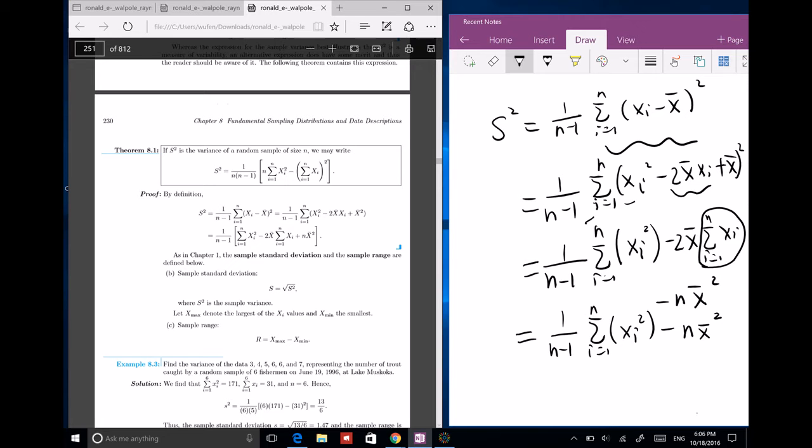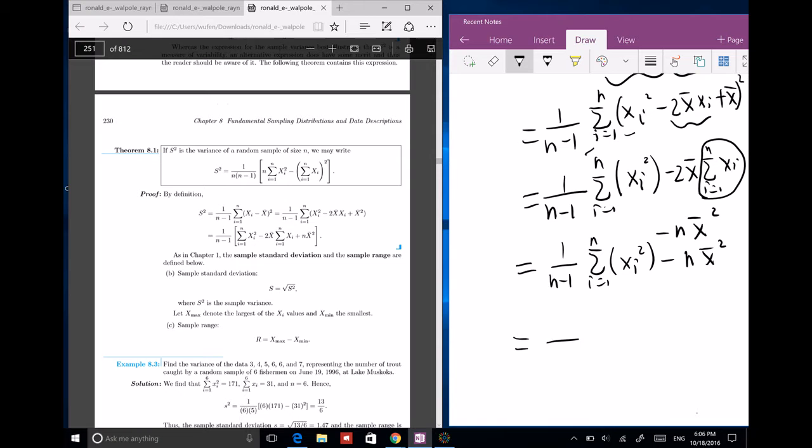You can also change the x bar into 1 over n times the sum of xi. So it was n x bar squared, but the x bar you can change: 1 over n minus 1, the sum from i equals 1 to n of xi squared minus the sum of xi over n, squared. That makes sense, right?